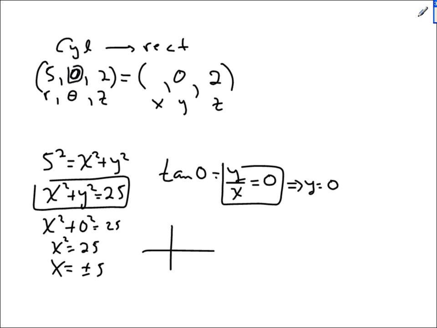We know that y is 0, so either we're here or we're at (5, 0). But this angle would be pi. That angle is 0. So we know it's positive 5.